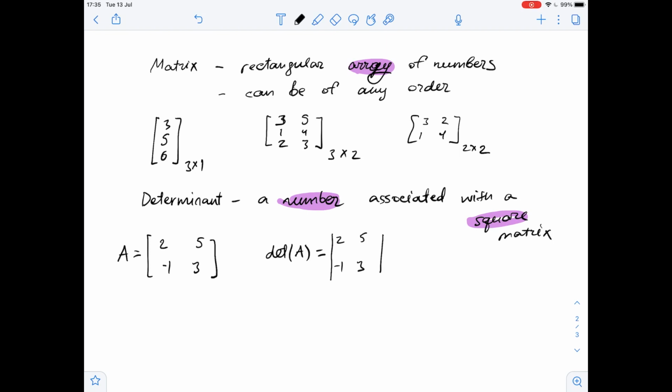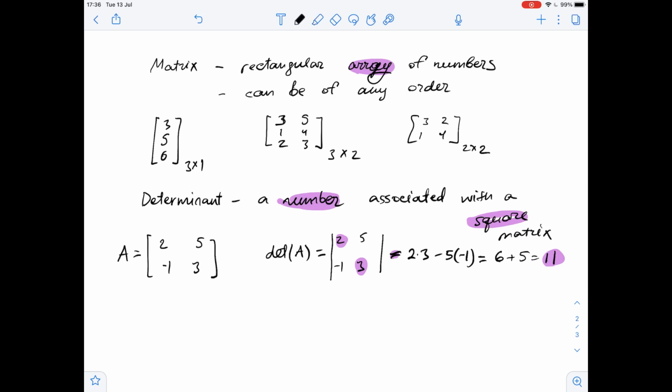When we need to find the determinant of a 2 by 2 matrix, we multiply these two entries and then we subtract the product of the other two entries. So it equals 2 times 3 minus 5 times -1. So it's 6 plus 5, which is 11. So as you can see, a determinant is a scalar number. It's not an array.